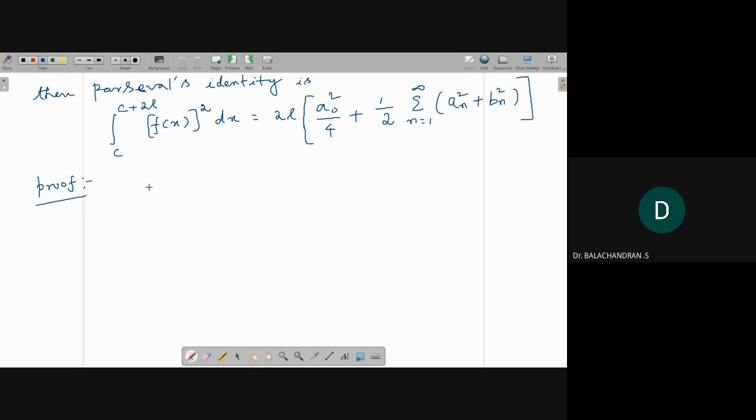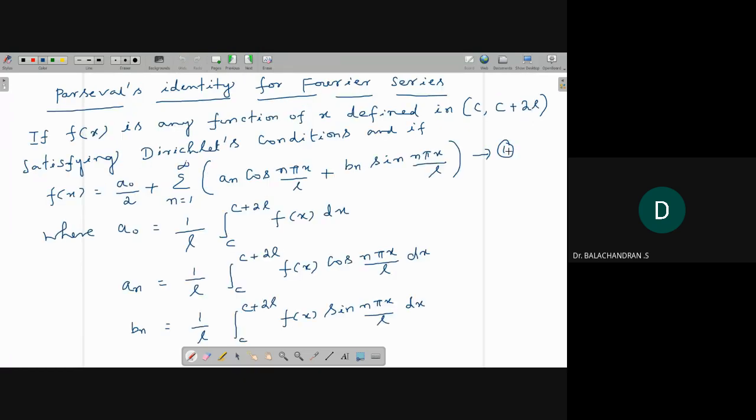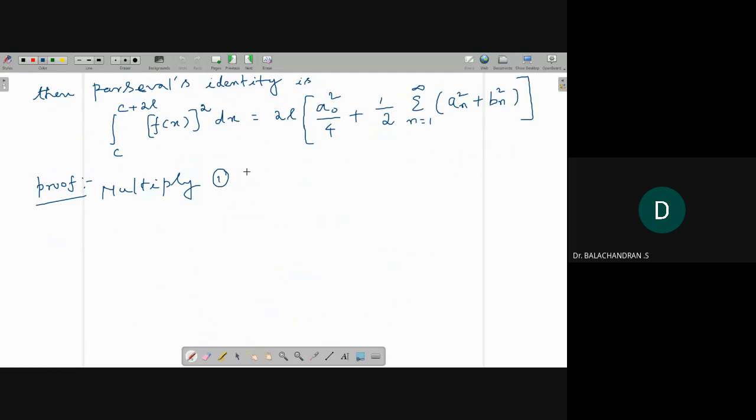The proof is simple. Multiply equation 1 by f of x and integrate with respect to x between c and c plus 2l.